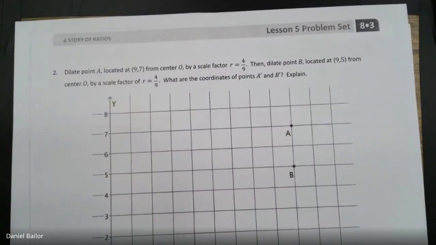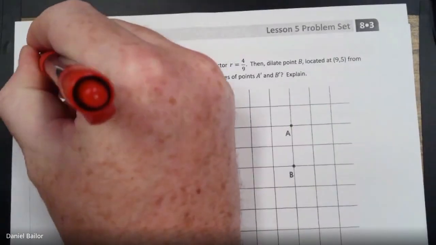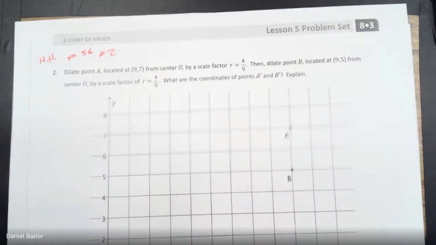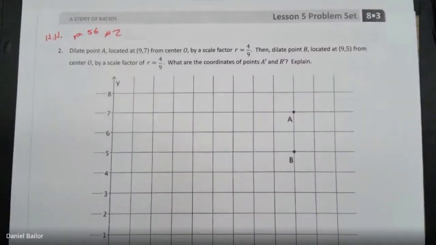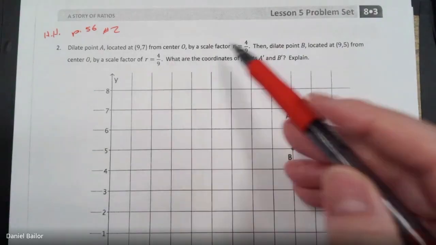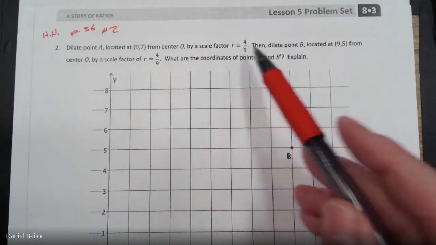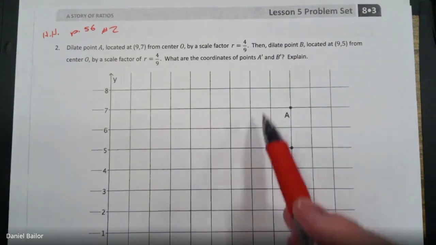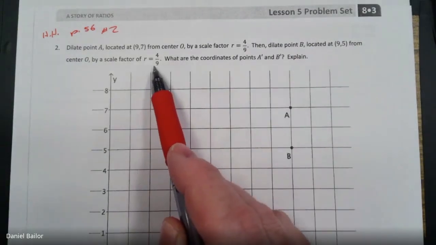On page 58, this is going to be like homework helper, page 56, number 2. It says dilate point A, located at 9, 7 from center O by this scale factor, then dilate point B from center O using the same scale factor.